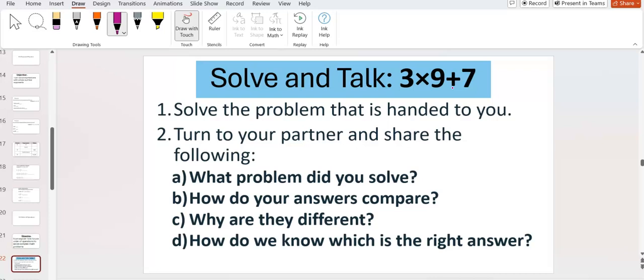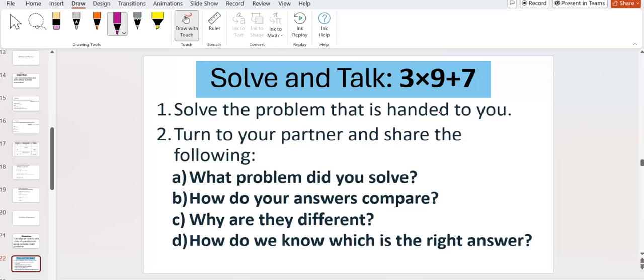And we would talk about, well, how do we know who's right? And the ending result should be that there's a rule that tells all mathematicians in any country, in any language, what operation you should do first and what operation you should do second, okay? This example just helps show and explain why we need our order of operations, okay?